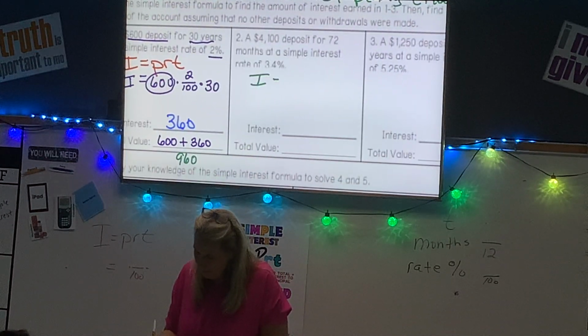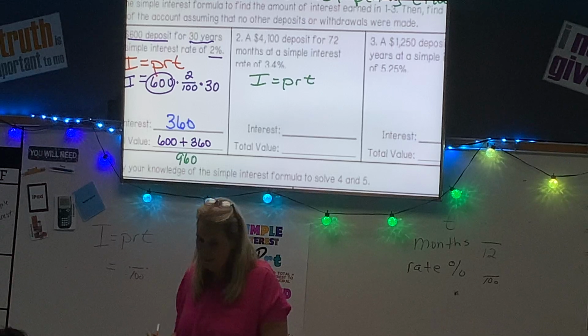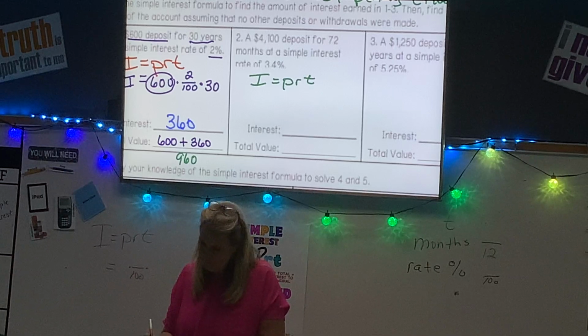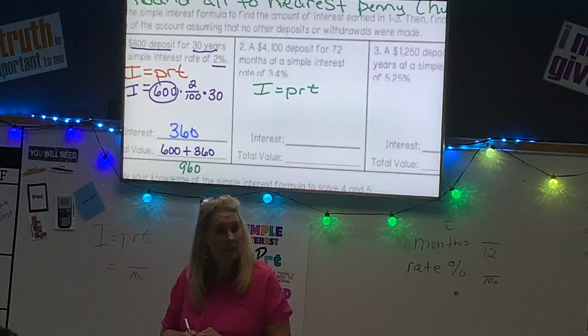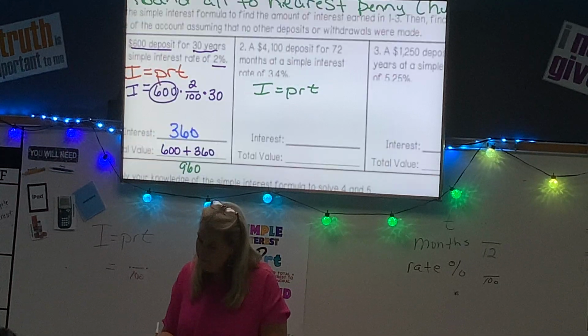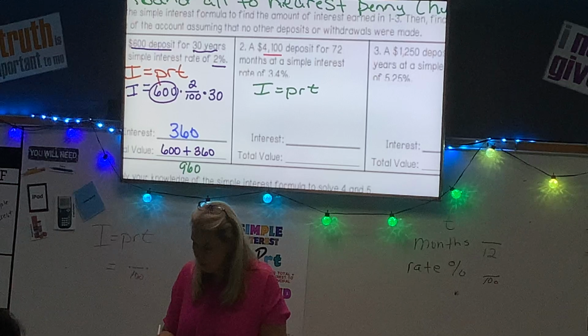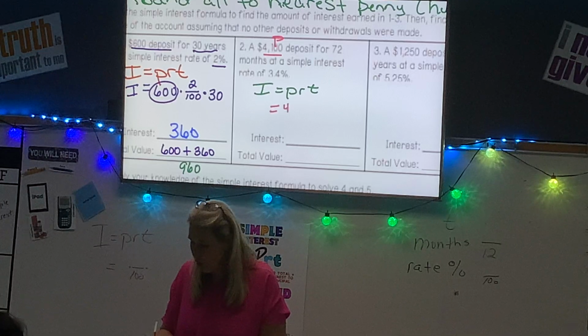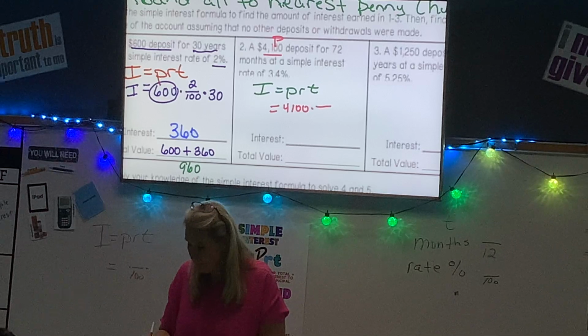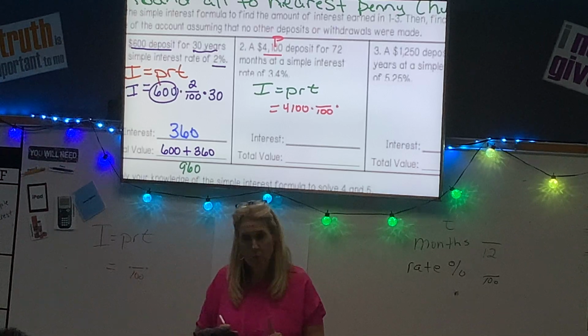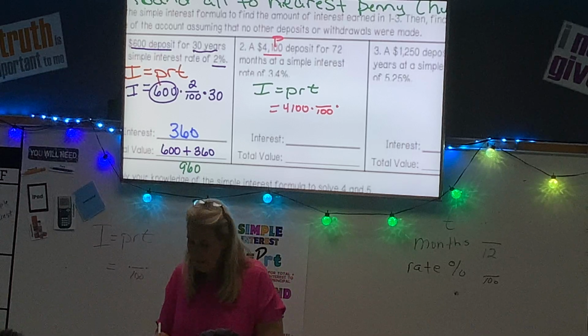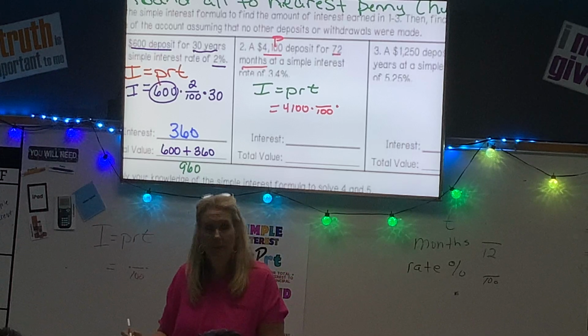I equals PRT. We have a $4,100 deposit. That's my principal. That's my starting amount. Ooh, look at the next info. 72 months.